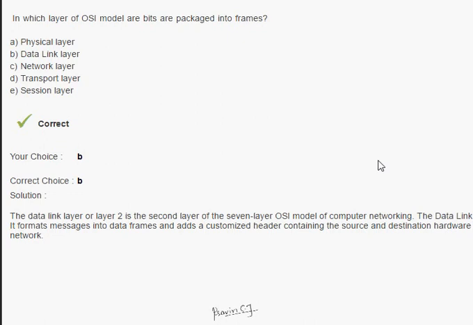The data link layer translates the message from the network layer into bits for the physical layer, so it will transfer to the physical layer to transmit it. It formats the message into the data frame and adds a customized header containing the source and destination hardware addresses. The data link layer is responsible for uniquely identifying each device on a local network. This is the most important thing.